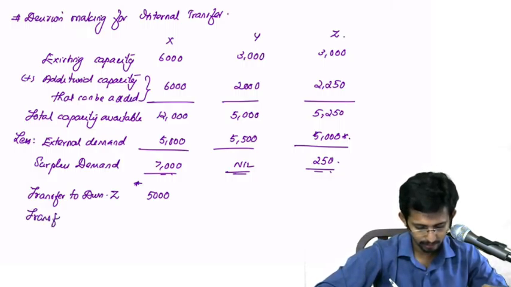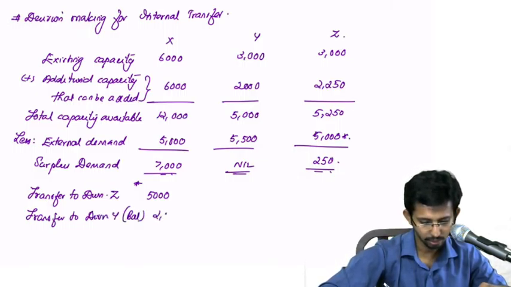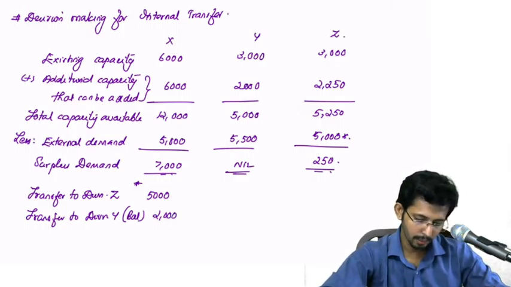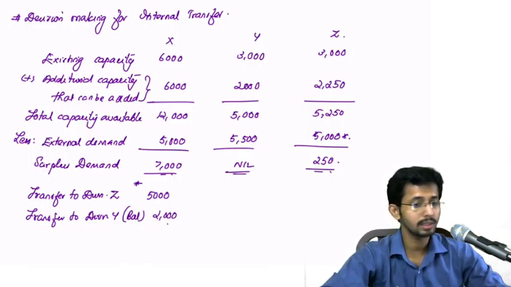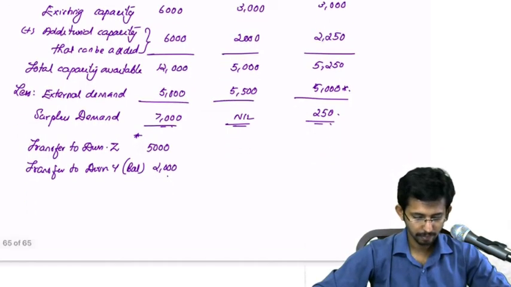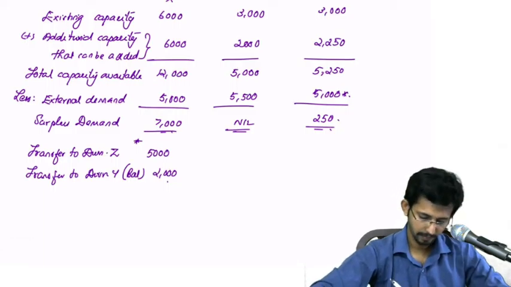Balance transfer to division Y. This will be balance 2000. What is the requirement of division Y? Division Y requires maximum of 5000, but only how much will be available? 2000 will be available. Balance 2000 it should have to produce.